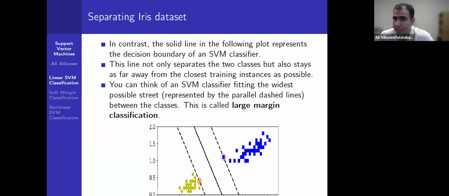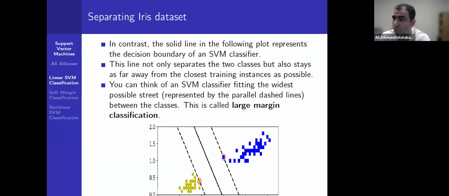In contrast, the solid line in the following plot represents the decision boundary of the SVM classifier. Here you have 2 different classes, and this solid black line separates the dataset into 2 different subsets. This line is one example of an SVM classifier. We want to explain how this line can be found.